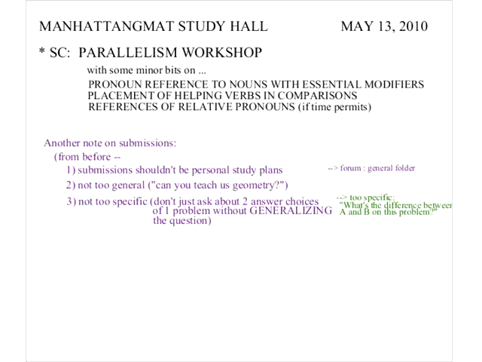But a better way to do that would be, how do I tell A from B on this problem? And how do I do this sort of thing in general? So that's the difference in the question types that we're looking for.